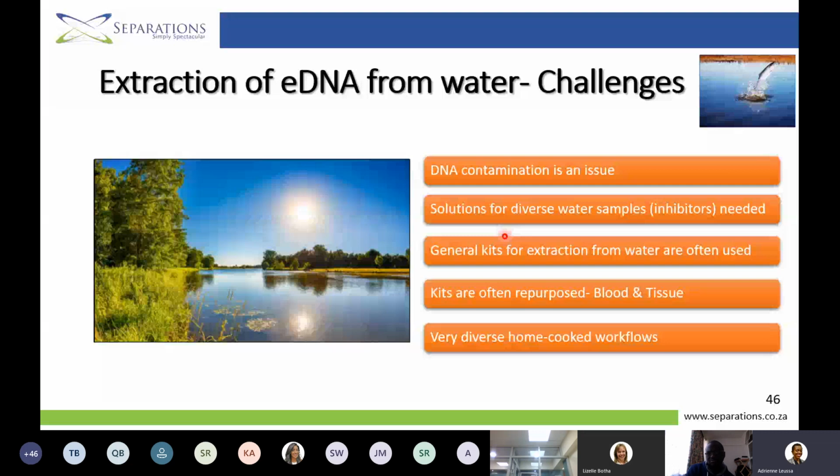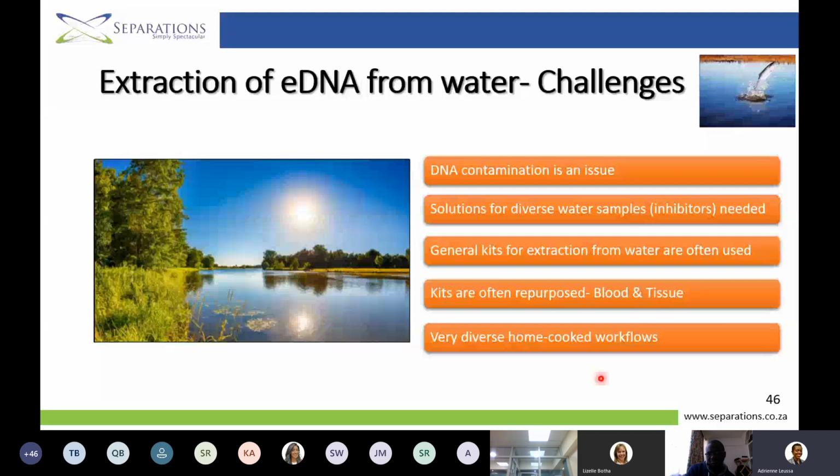And in the past, people have also been using the total microbial DNA RNA kits to do isolation of environmental DNA, which usually is not very suitable. Other people repurpose your tissue kits for this as well. And there's such variety of home-cooked workflows.